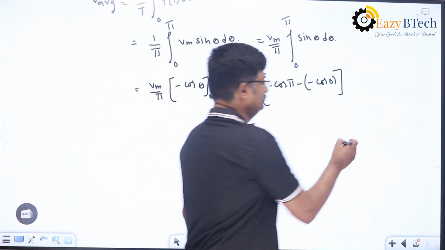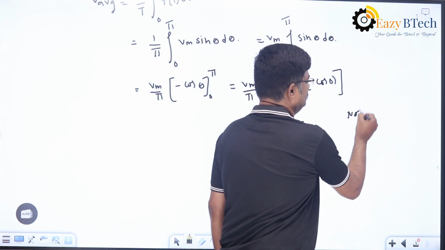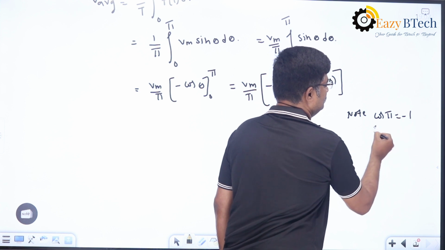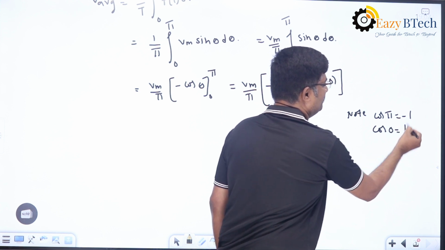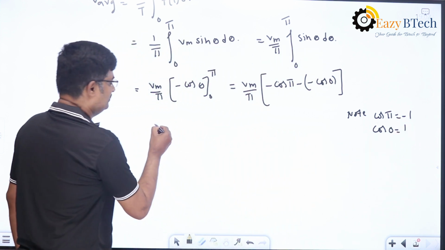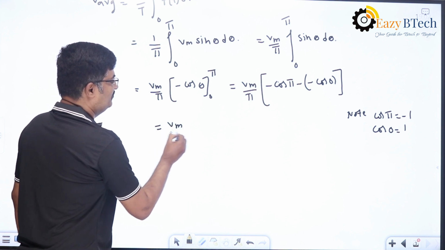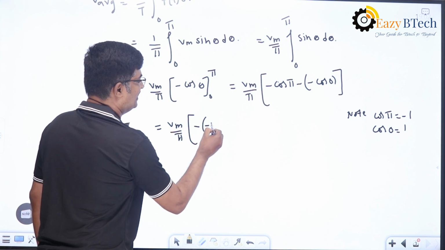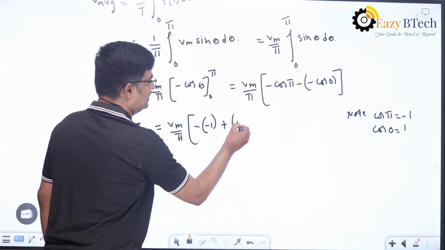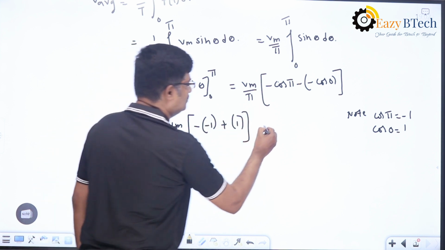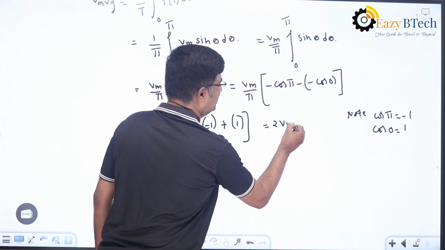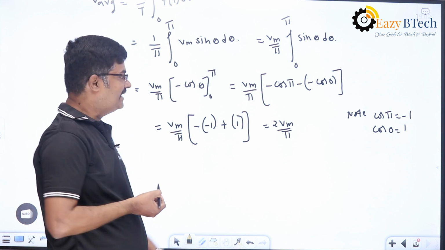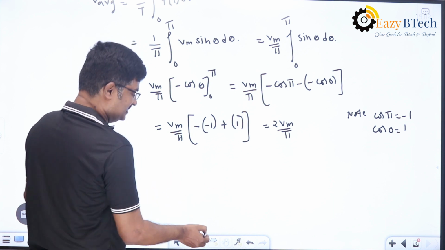Note: cos pi is minus 1, cos 0 is 1. So simply what is happening, which is equal to Vm by pi into minus of minus 1 plus 1, which is equal to 2 Vm by pi is the solution which I am having. This is the average value.